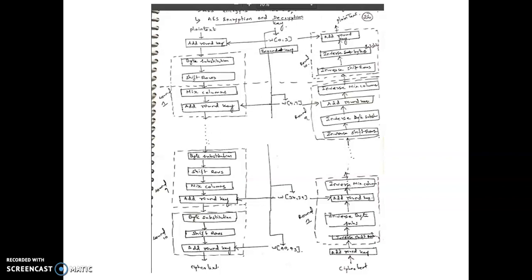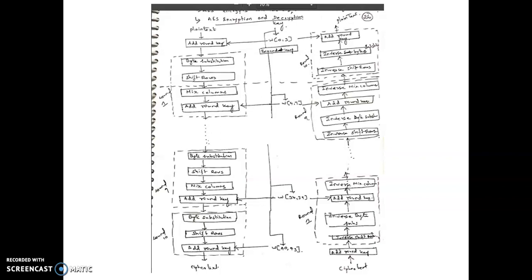Each round has 4 processes, already told: byte substitution, shift rows, mix columns, then add round key. So this is round 1. This same round will be repeated 10 times because the key size is 128 bits.